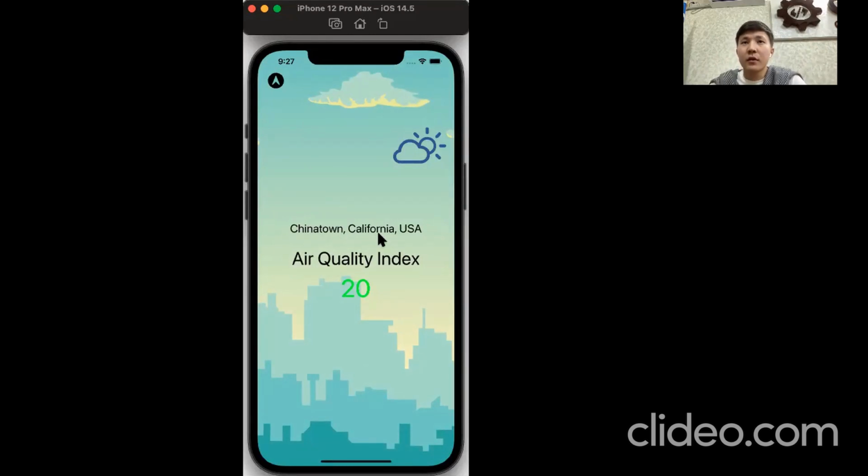As we are using the emulator, the location of our app is not correct. The air quality index in Chinatown, California, United States of America is 20. It's not too bad, but it's not good at the same time. Yeah, that's it. And we're going to stop here.